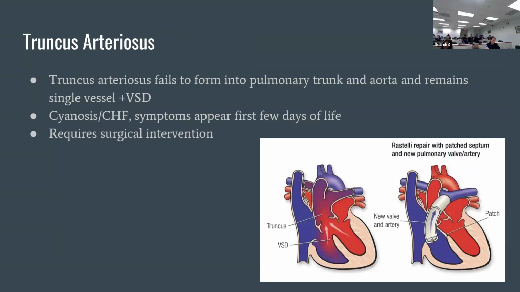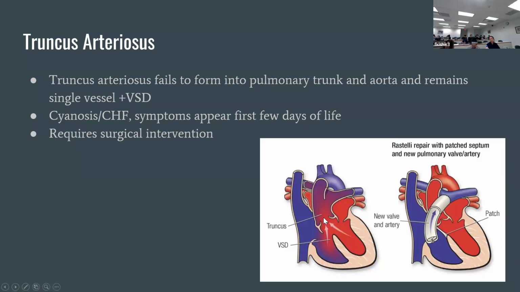Truncus arteriosus. This is when the truncus arteriosus fails to form into a pulmonary trunk, and the aorta remains a single vessel. So there's no distinction between the pulmonary artery and the aorta. It's just one. You can see it here.